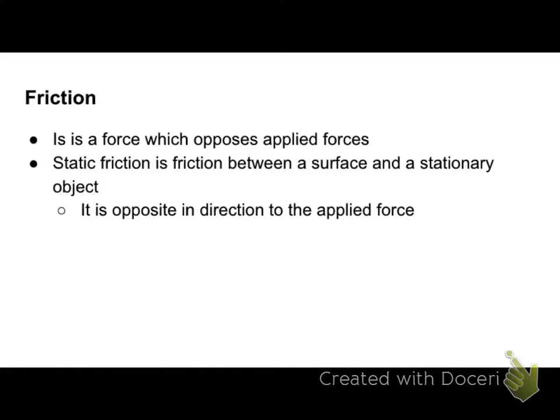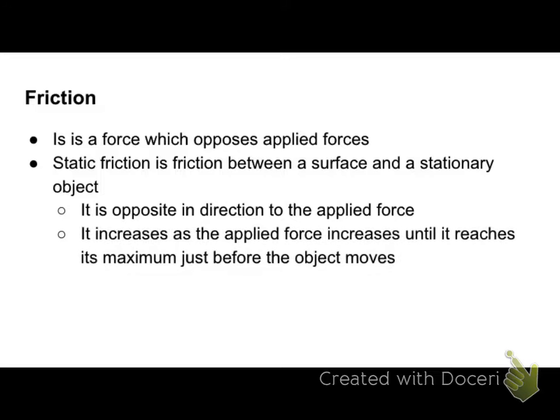What's interesting about static friction is that it will increase as your applied force increases. And it will increase proportionally, so it will match your force up until the point that you reach the maximum of static friction for that surface, and then the object moves. So let's say you have a really heavy object, like a refrigerator, that you're trying to move, right?